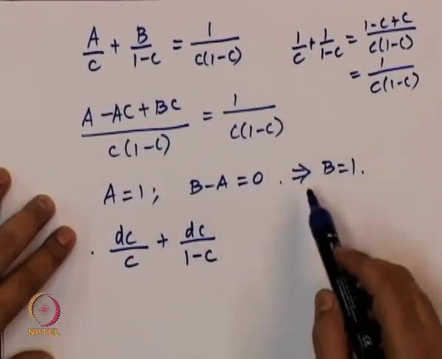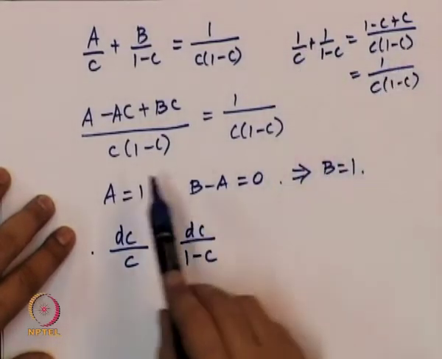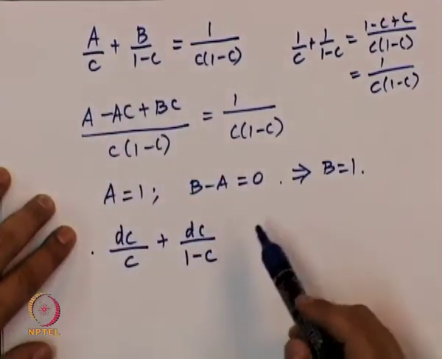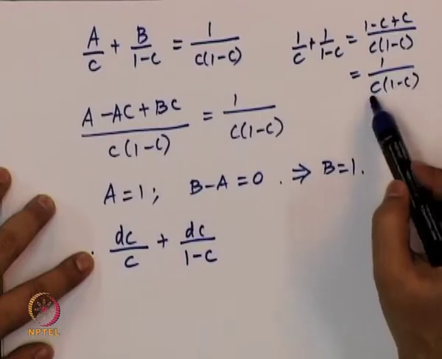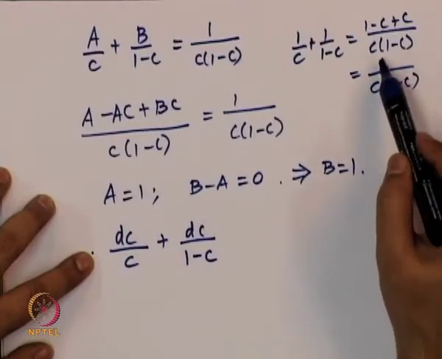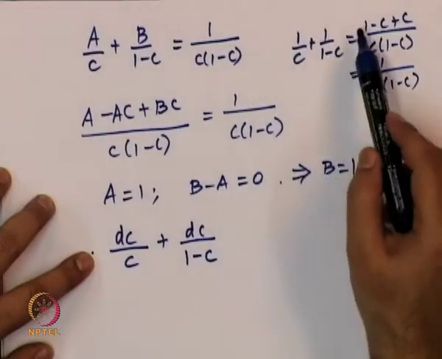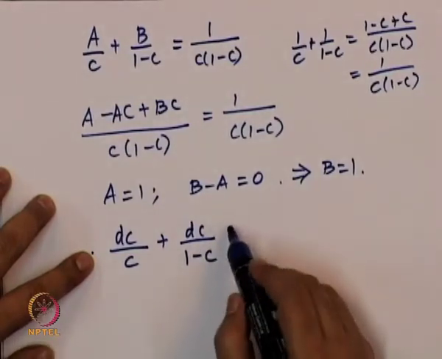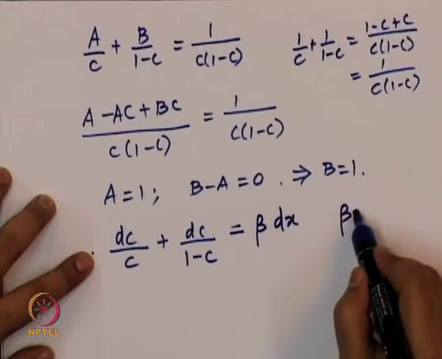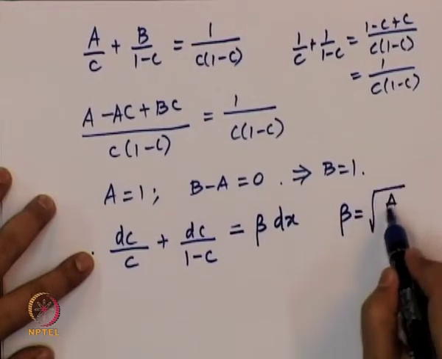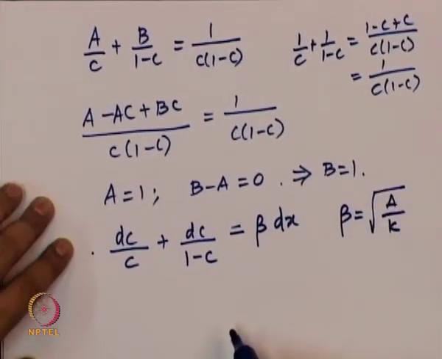Okay. In the general case, if you do not know this, it does not matter, you can write a and b and find the partial fraction, which is precisely what we did. So, because it is dC by c into 1 minus c and this is that quantity, multiply dC on both. So, you get this, which was equal to some beta times dx. Remember beta is equal to square root of a by kappa.